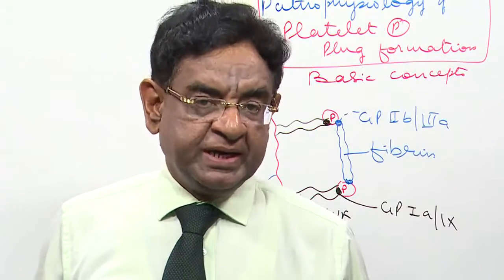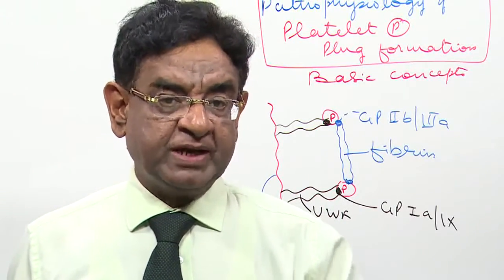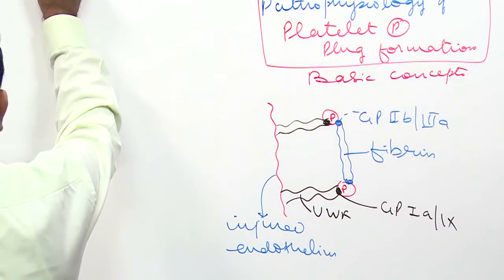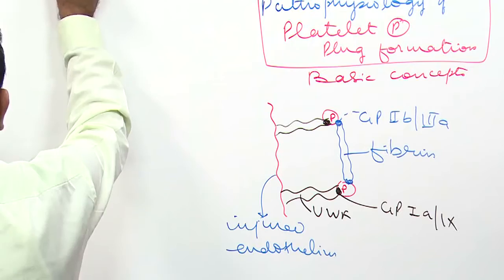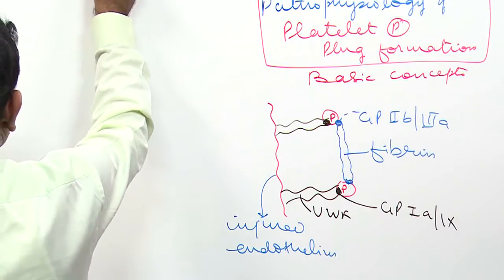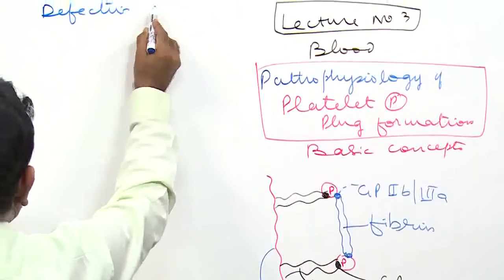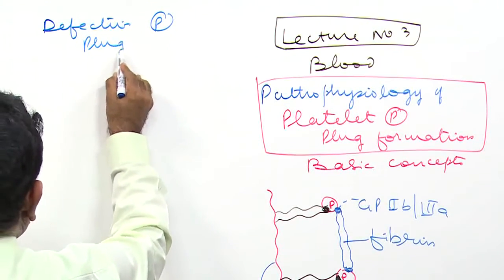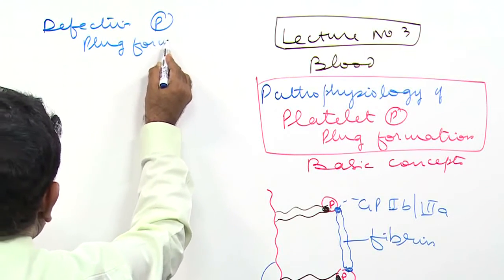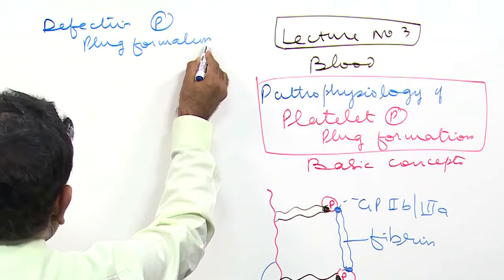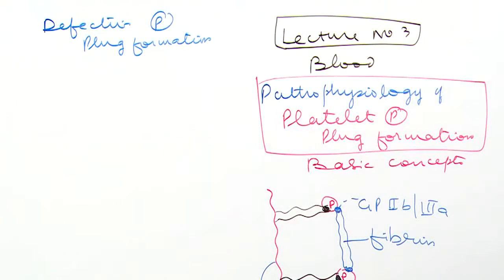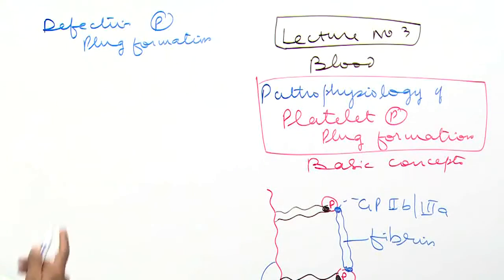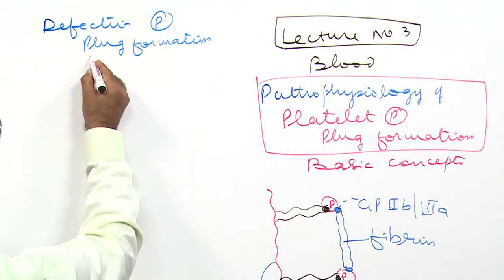Now defective platelet plug formation will occur in the following conditions. And remember, whenever defective platelet plug formation occurs, bleeding time will be prolonged.